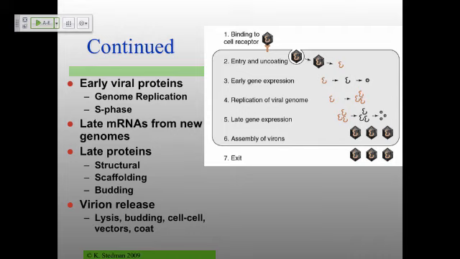Budding is a really common way that virions are released from the cell. In some cases, virions are transported directly from cell to cell. They don't even actually get released from a cell, because most cells in a multicellular organism are right next to each other. So you don't even have to get outside of a cell per se. You can just hop into the next cell. We'll talk about some of those later on. And then in many cases, there are other cells or organisms that move viruses around.